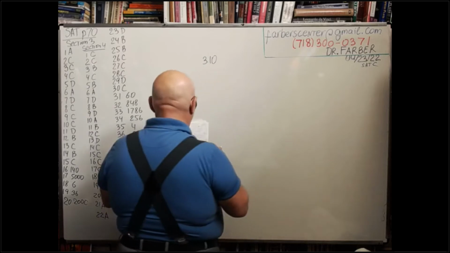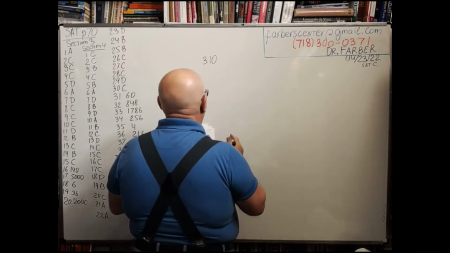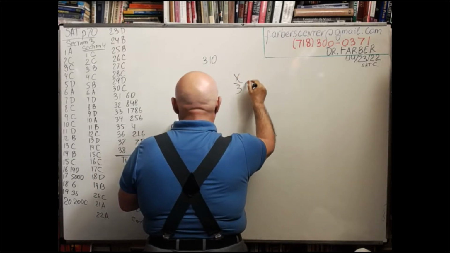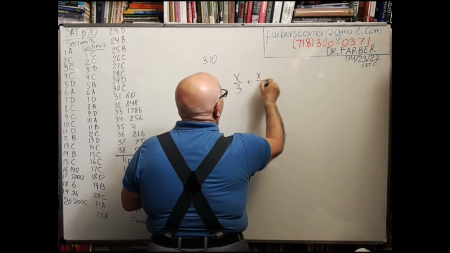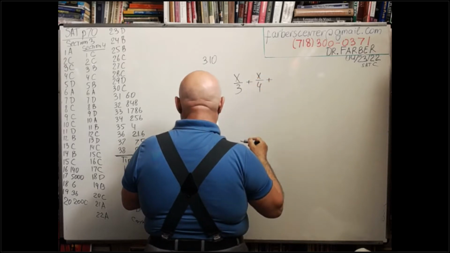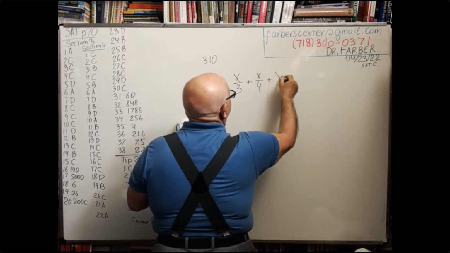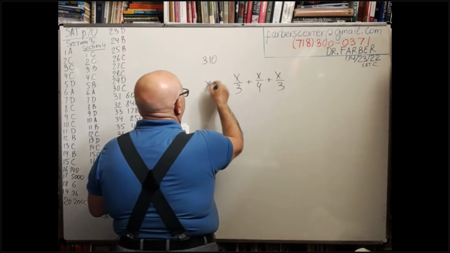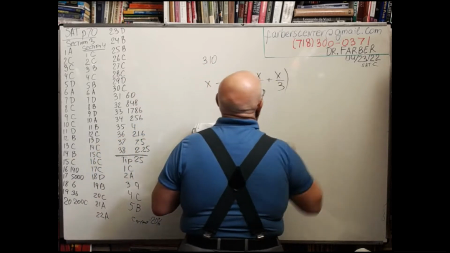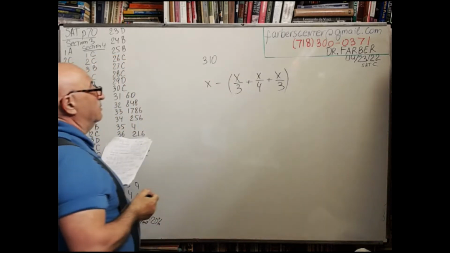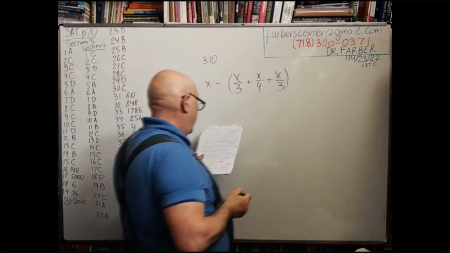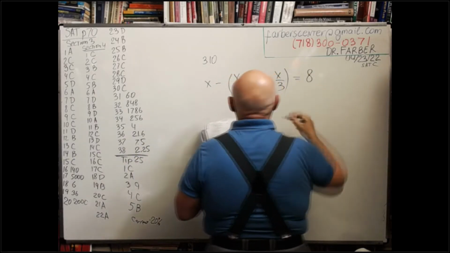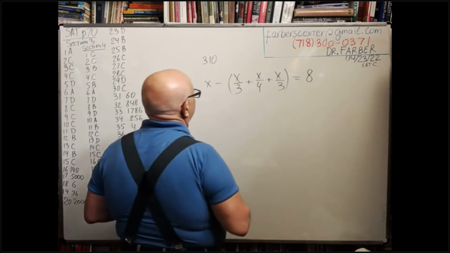So with this score, let's say the first quarter is x over 3. The second, x over 4. The next is x over 3 again. And if you subtract everything from x, you'll find the fraction for the fourth quarter. This is supposed to equal 8. Now, simple equation. LCD is 12.